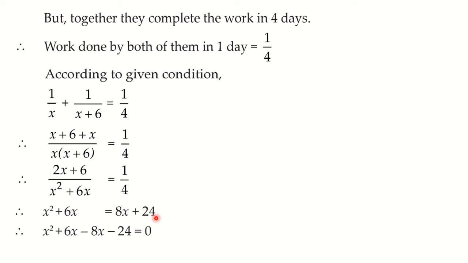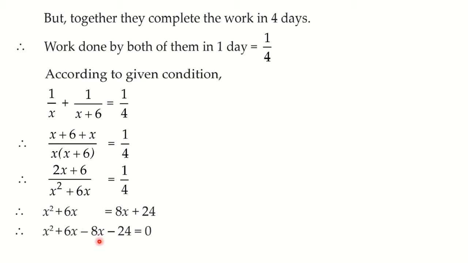Then you know the standard form ax squared plus bx plus c is equal to 0, which means all the terms we need to shift to the LHS. So let us shift these two terms to the LHS. These positive terms will become negative when we shift to the LHS. So we got x squared plus 6x as it is, plus 8x we wrote as minus 8x, and plus 24 we wrote as minus 24.